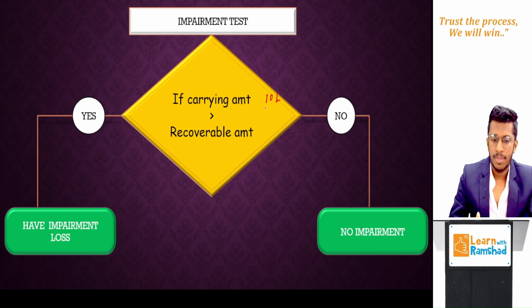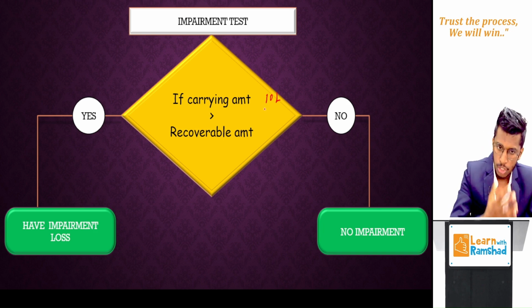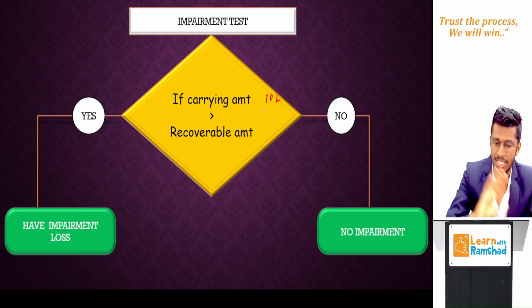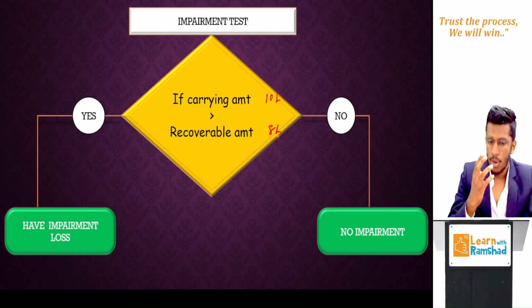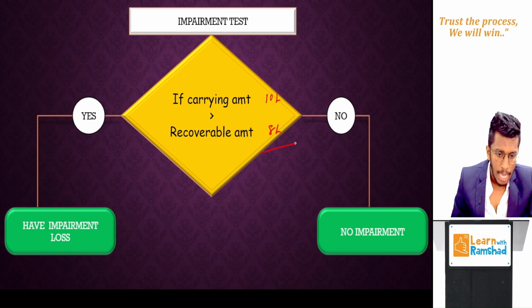And the recoverable amount of that asset, which I'll discuss in detail soon, is how much amount you can recover from this asset. Just imagine that is 8 lakh. So your carrying amount is more than the recoverable amount, then 2 lakh is the impairment loss.